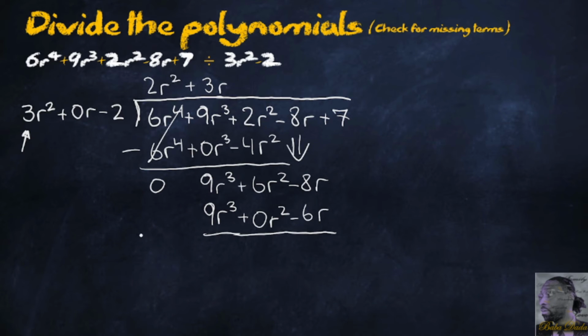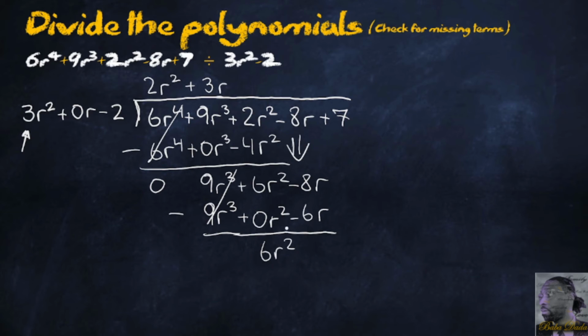So now we can do our subtraction. 9r cubed minus 9r cubed, that cancels. 6r squared minus 0r squared is 6r squared. Negative 8r minus negative 6, that changes to an addition.